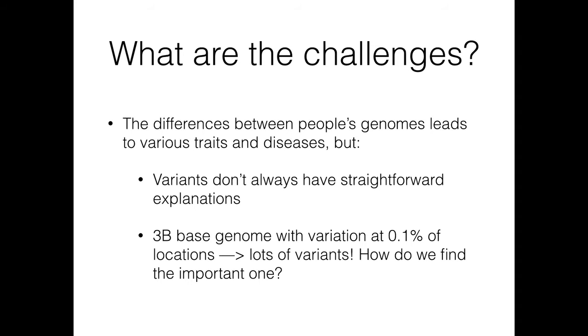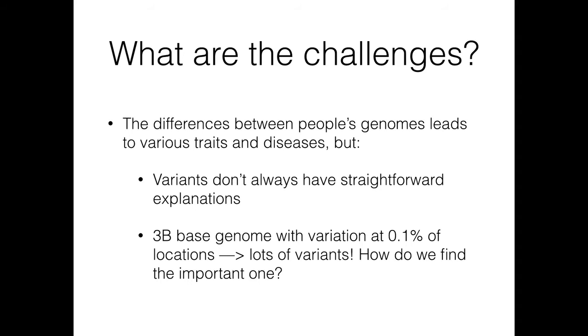We know that fundamentally the differences in our genetic code drive the differences in our physical appearance, mental state, and what diseases we get. However, when we analyze your genome, we wind up with a bag of 3 million variants at the end. A lot of these variants don't really have straightforward explanations.